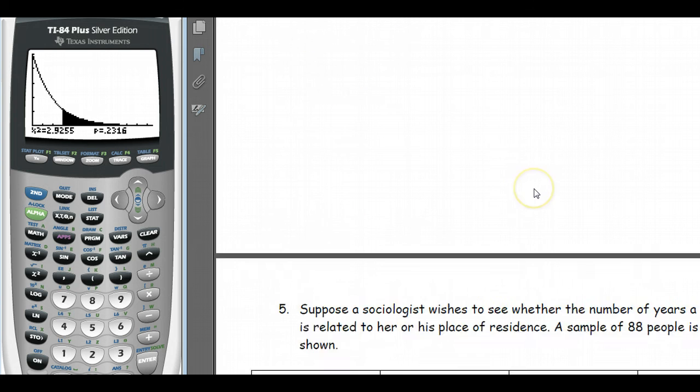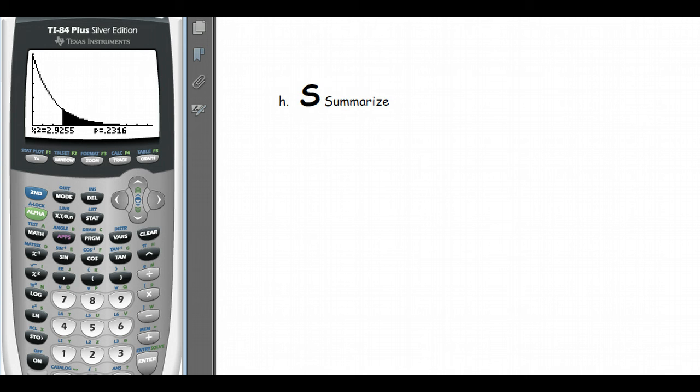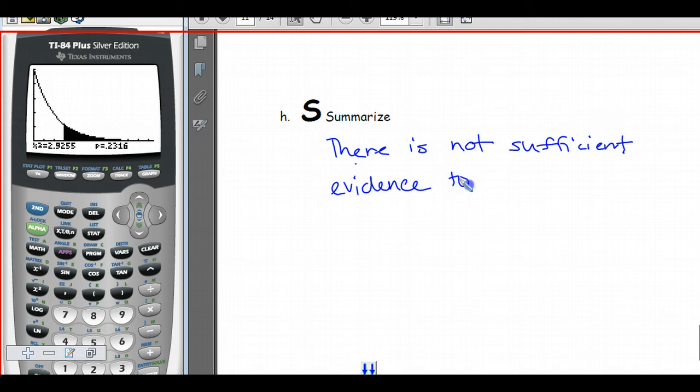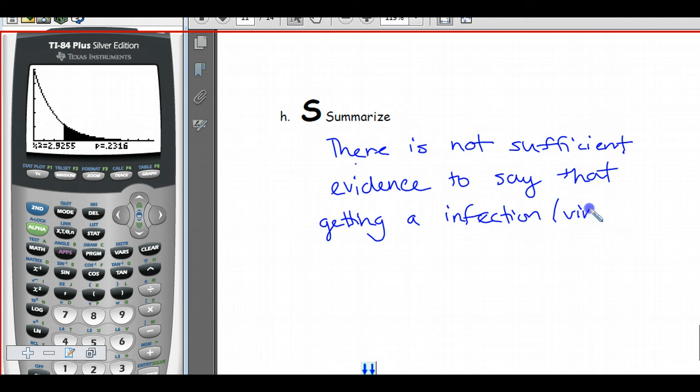So my statement is there is not sufficient evidence to say that getting an infection or virus, whatever it was up there, is dependent on treatment of echinacea.